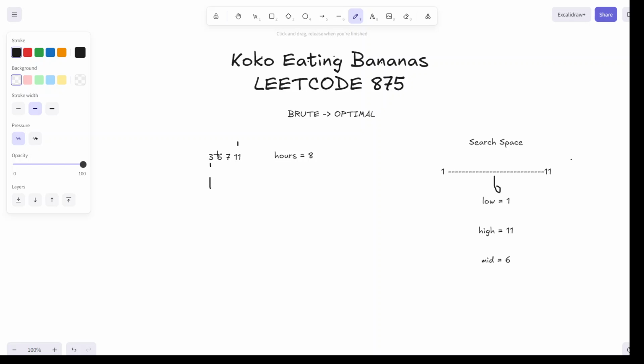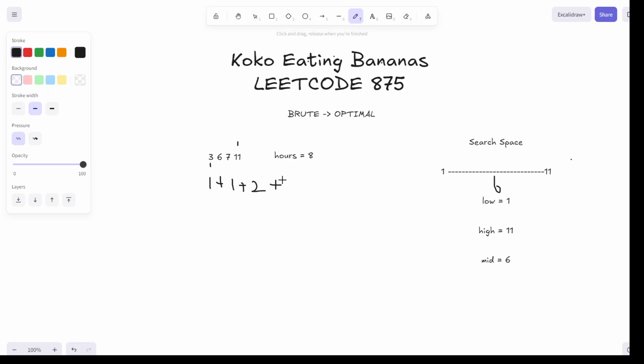And if we are eating a pile of 6 bananas, it will also take 1 hour. If we are eating 7, then 6 would be completed in 1 hour, but the one that is left will take an extra hour to eat, right? So 2 for the 7 pile, and for the 11 pile we will also take 2 hours.